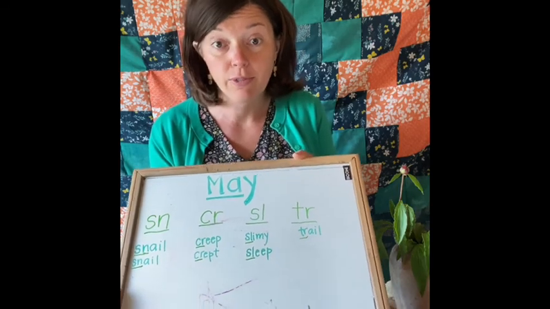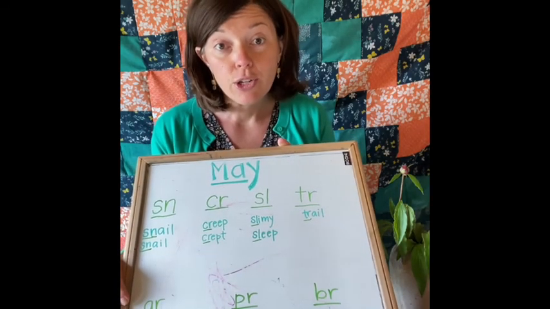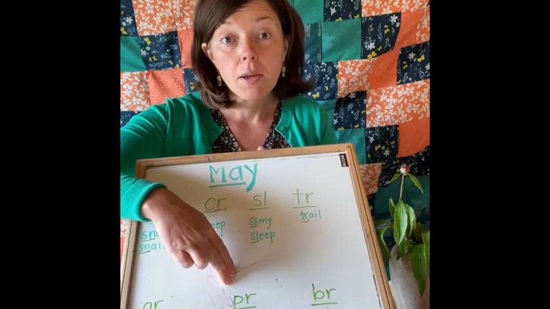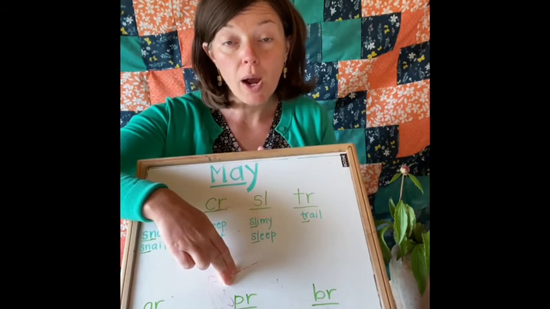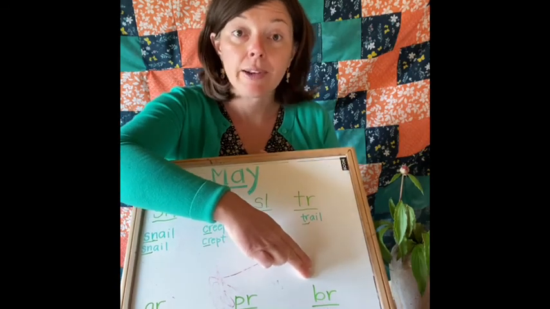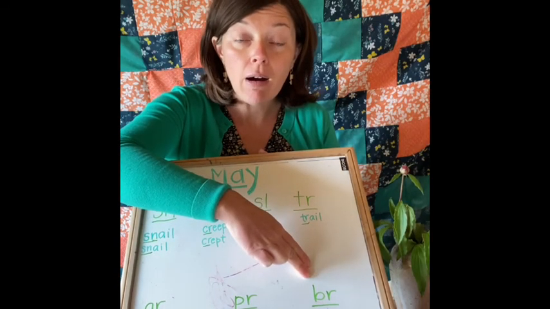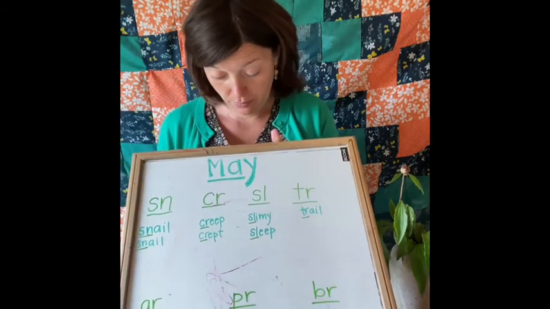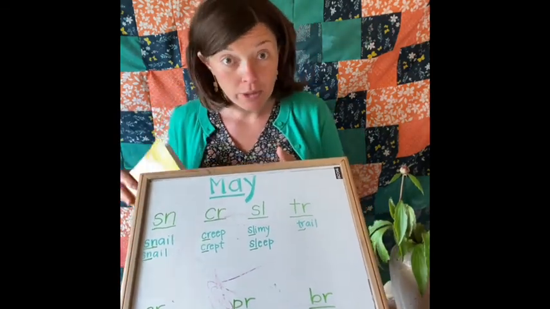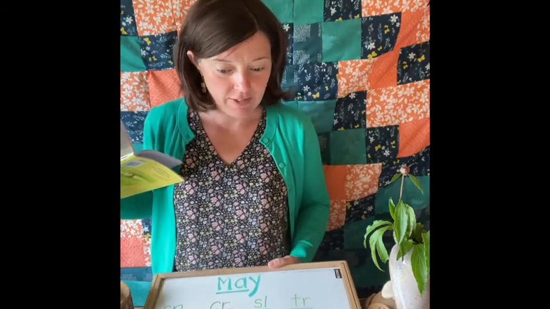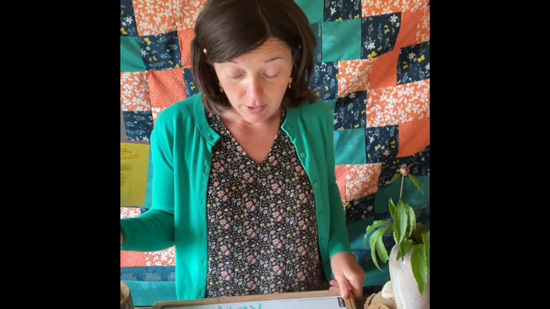I want you to be listening for the sound gr, G-R, gr, pr, P-R, pr, and br, B-R, br. You might hear more, and if you are feeling very fancy, you can go on and add those to your May word wall if you want to. But if you'd like to keep up with me, then I just want you to be listening for those 3 blends.